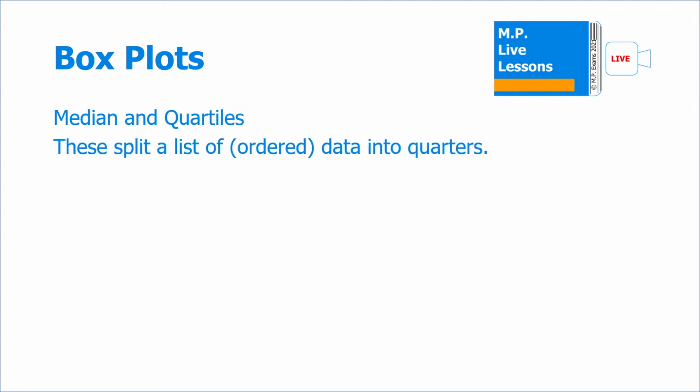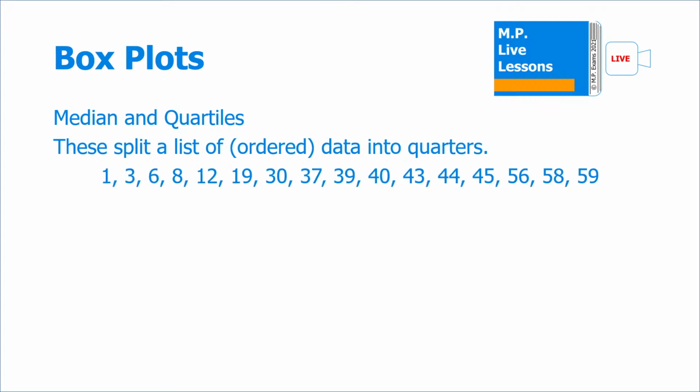And the ultimate thing for today is box plots. So you'll need to know the median and quartiles. First, these will split a list of ordered data into quarters. So first, you'll find the median. So there'll be 1, 2, ... 16. So there's 16 numbers.